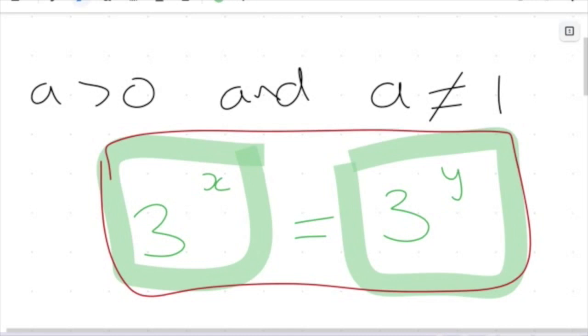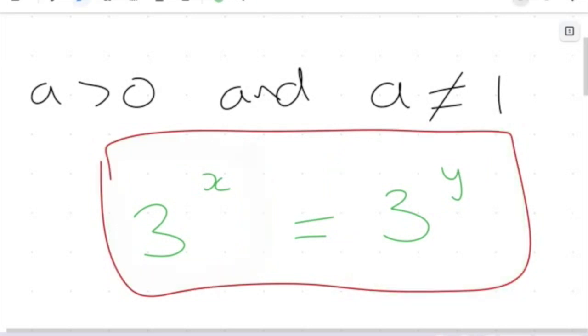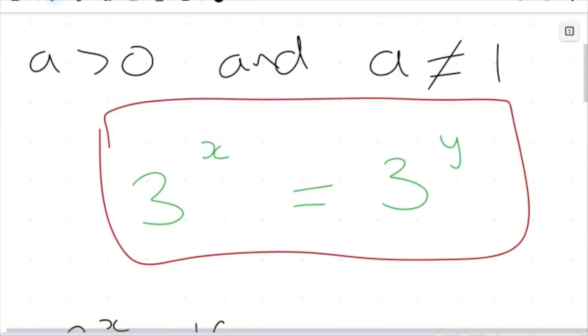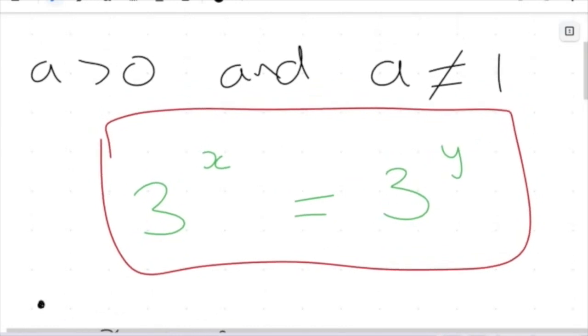So the only way my left-hand side is going to be equal to my right-hand side is if my exponents were equal as well. So in this case, x and y are the same.